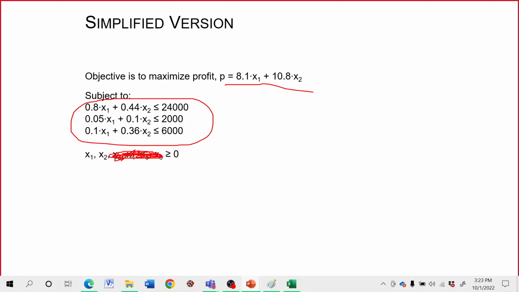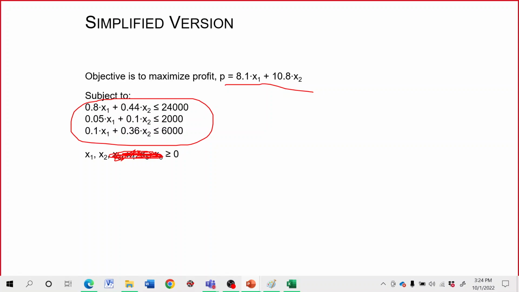We will use these simplified versions to help us understand how linear programming works. If you go to textbooks as well, this is how they start explaining the linear programming problem.